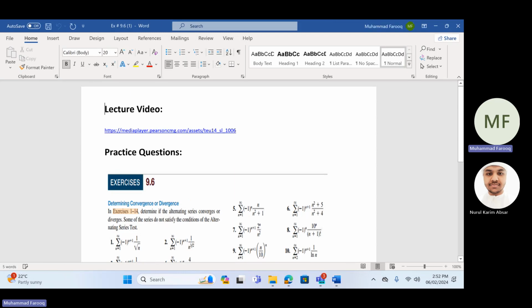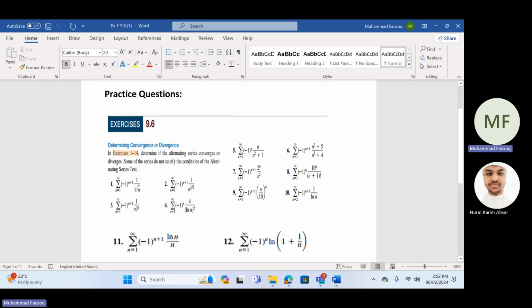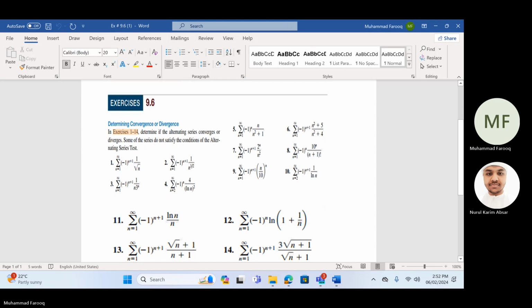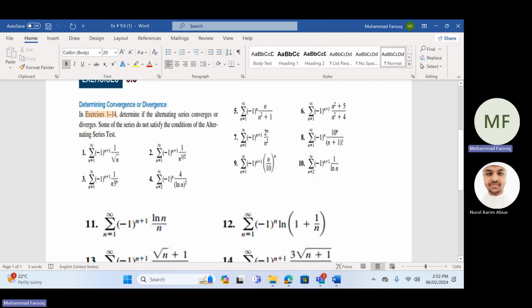Right. Even if the series converges or diverges, and what is the sum of the series? Not the conditions of the test. Okay, they told us it's quite possible these 2 cannot be justified. Anyway, let's start with some questions.